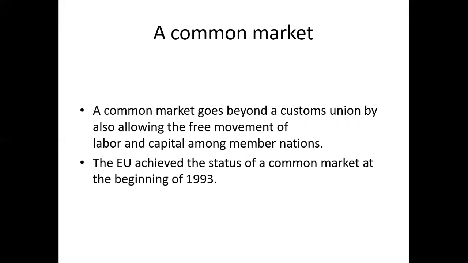Indians would move to Sri Lanka without any passport and visa. That means there is free movement of capital and labor. Factory movement is free across the boundaries of the member countries. That is the meaning of common market.